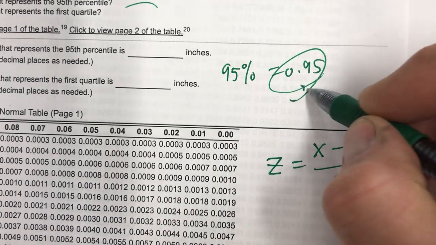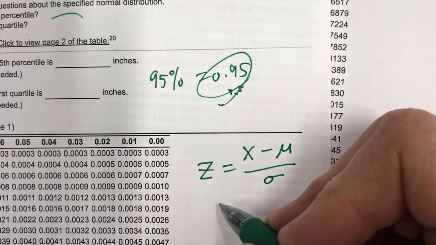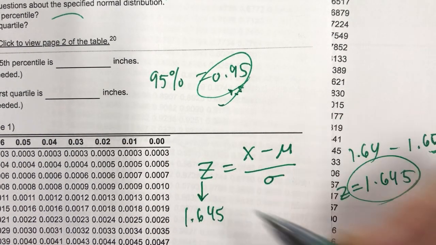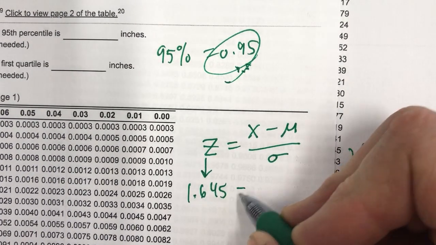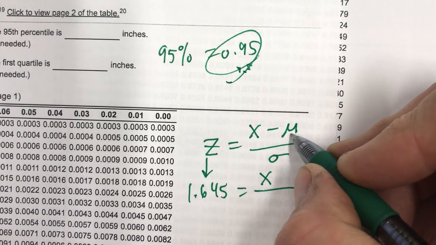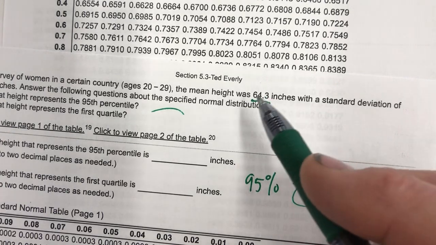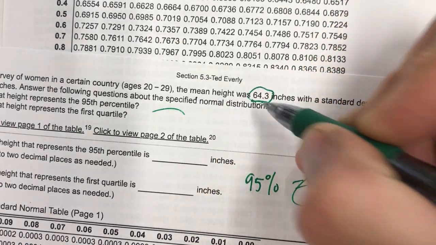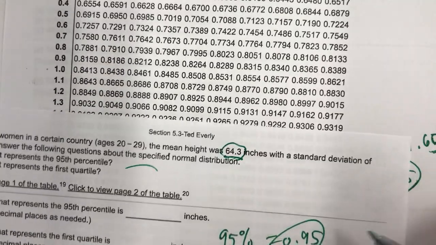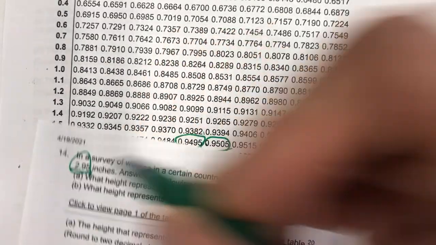We looked up the 95th percentile and got 1.645. I'm trying to figure out what this x is that makes this work out. My mu, the mean height, is 64.3. That's the average.